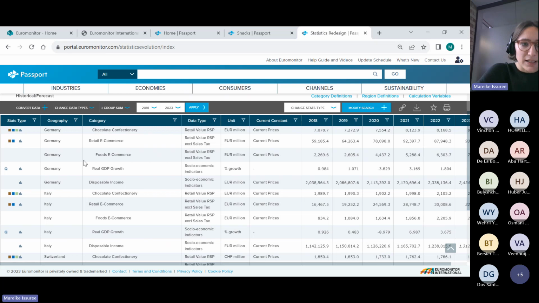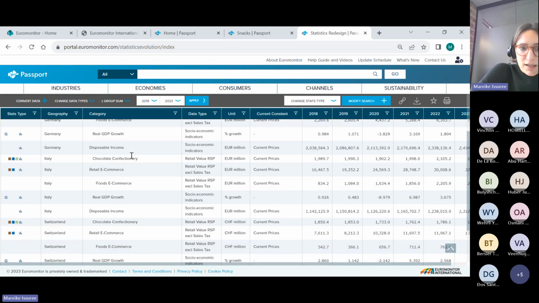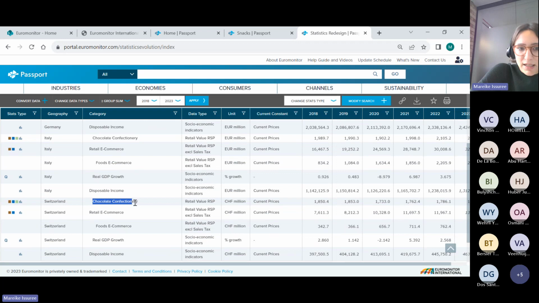So as you can see, the first country we are looking at is Germany, and the top category is chocolate confectionery market. So we're looking at the retail value sales, how much chocolate is being consumed in retail value terms in Germany. We can compare this with Italy and with Switzerland.